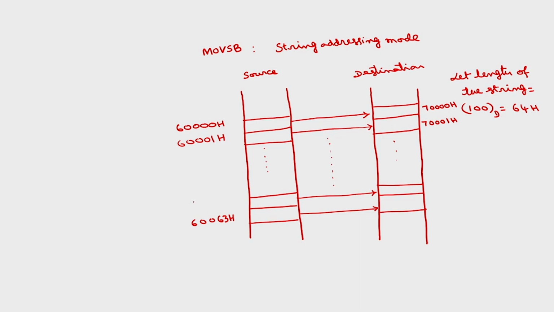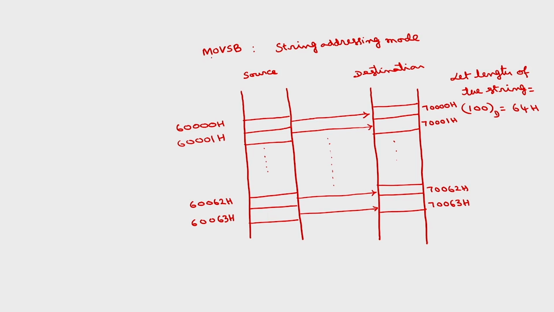So, the address above it will be 60062 H, and on the destination side 70062 H and 70063 H. I want to transfer 100 bytes starting with 60,000 of the source, and the destination starting address is 70,000, and I want to decide whether the transfer goes from top to bottom or bottom to top. Total I want to transfer 64 H bytes.